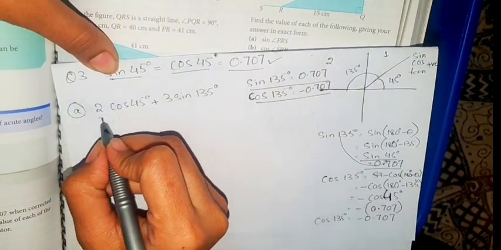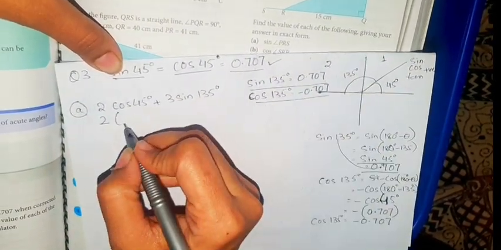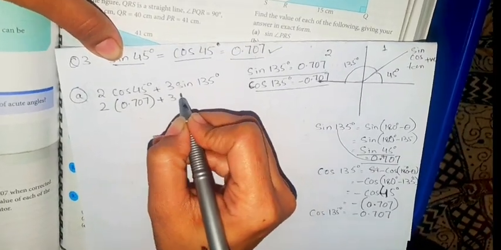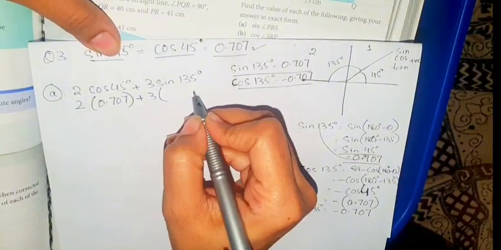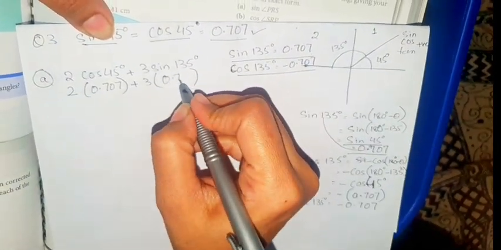Write 2 as it is. In place of cos 45, write the value, 0.707, plus 3 sine 135 degrees. What is the value of sine 135 degrees? We found that, it is 0.707.